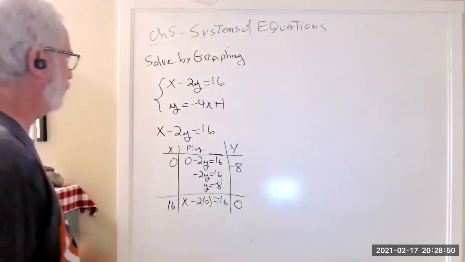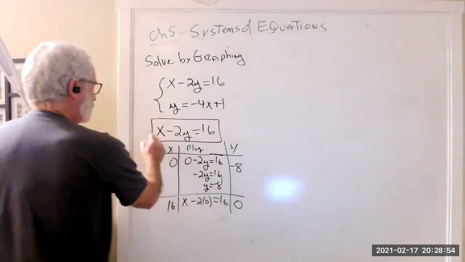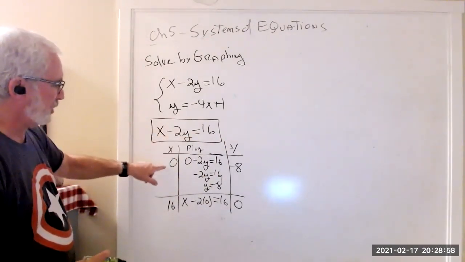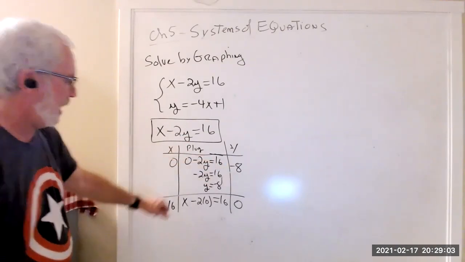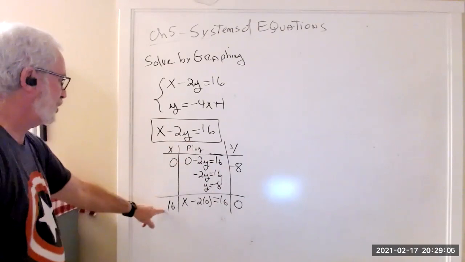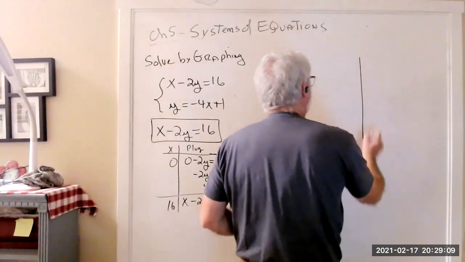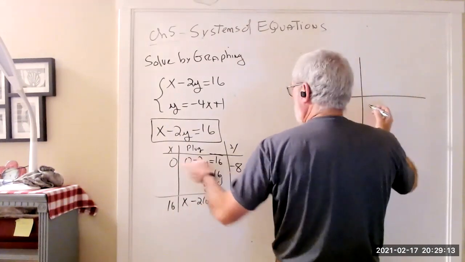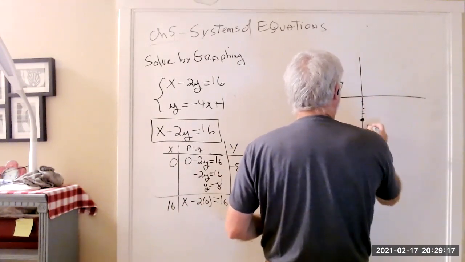Okay. So I took the top equation and I took my own advice. x minus 2y equals 16. I plugged 0 for x, got negative 8 for y. I plugged 0 for y, got 16 for x. So this is 0, negative 8. 1, 2, 3, 4, 5, 6, 7, 8.